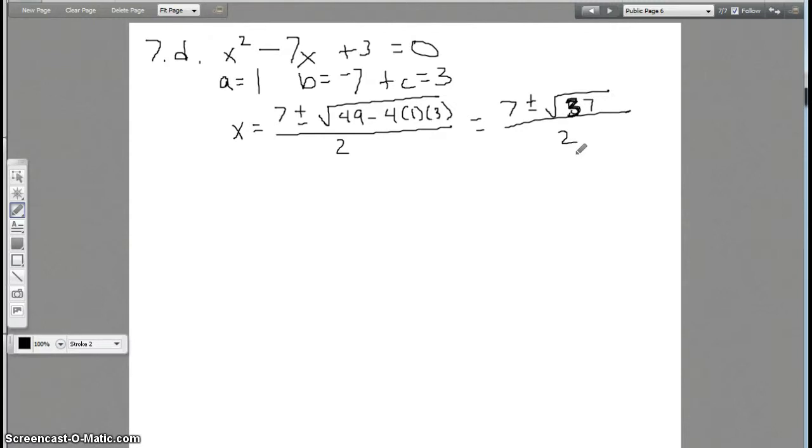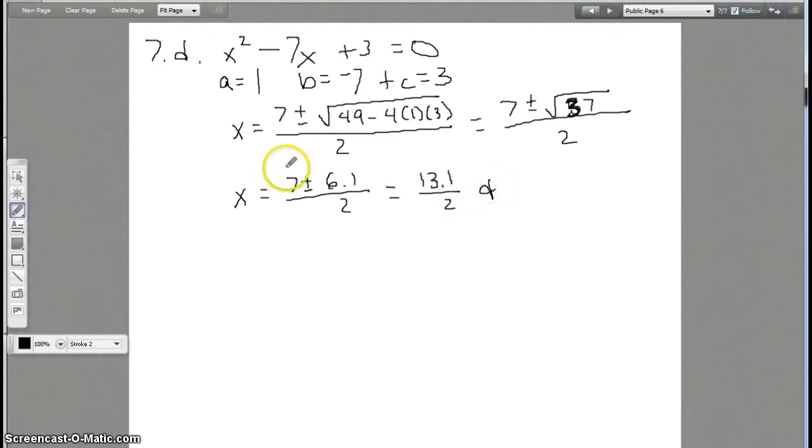So since it says to put this in decimal form, that means we need to actually punch the square root of 37 into our calculator. So what we'll end up with is x is equal to 7 plus or minus 6.1 over 2, because the square root of 37 is about 6.1. So 7 plus 6.1 is 13.1 over 2.